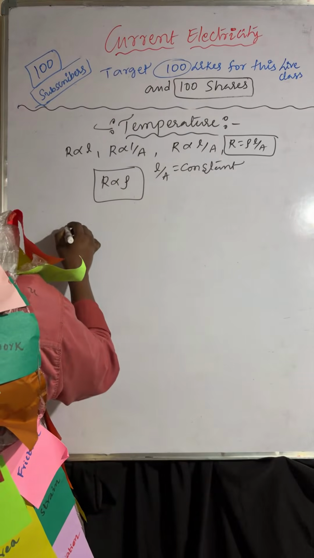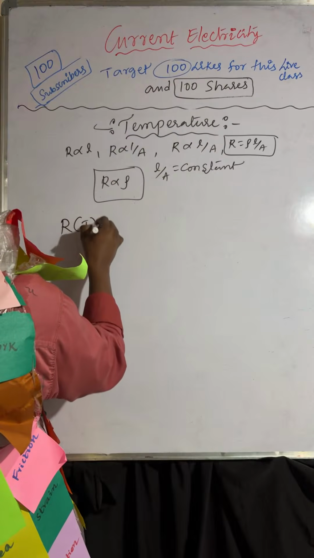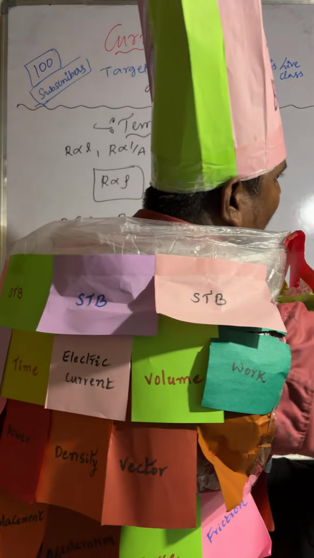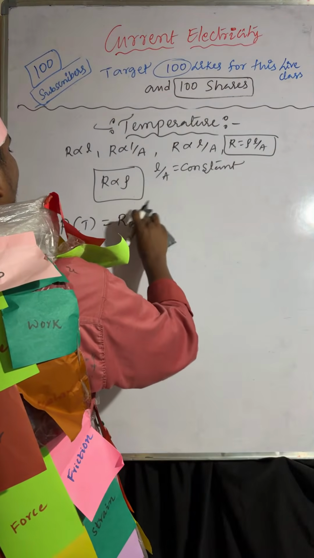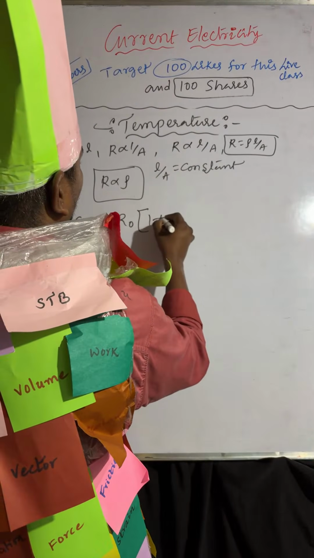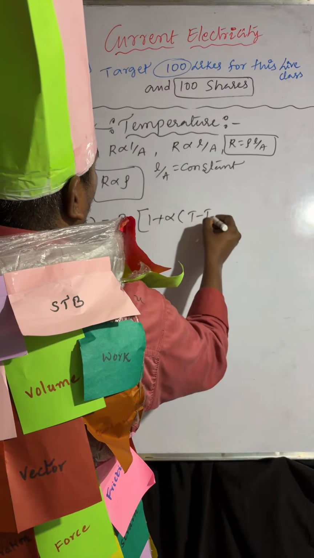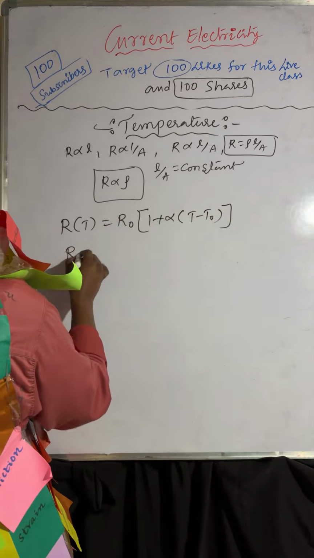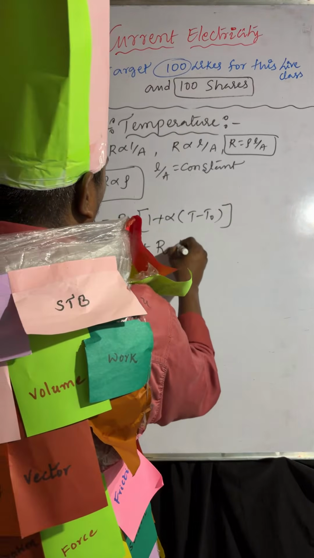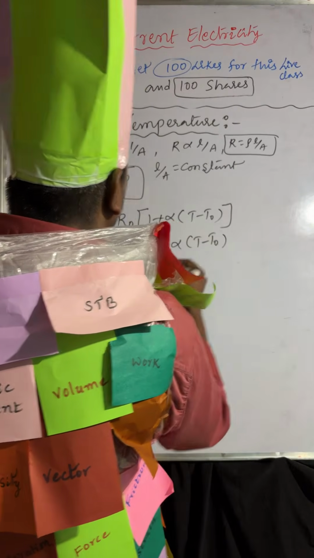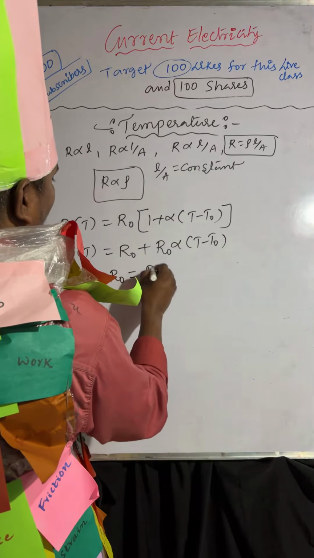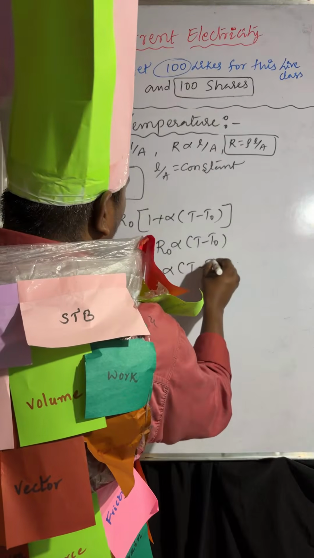Then we can see R T equal to R naught into 1 plus alpha into T minus T naught. Then R T equal to R naught plus R naught into alpha into T minus T naught.